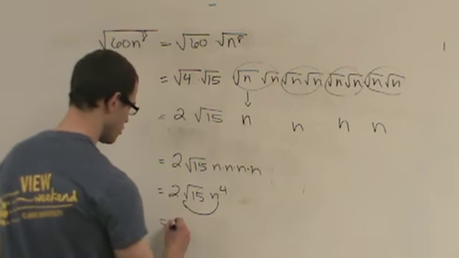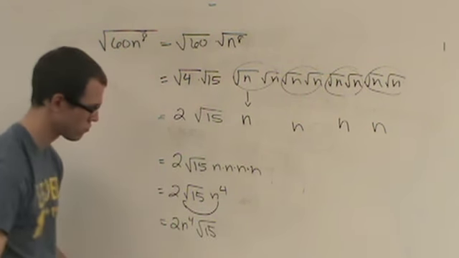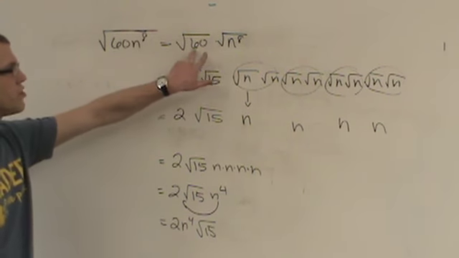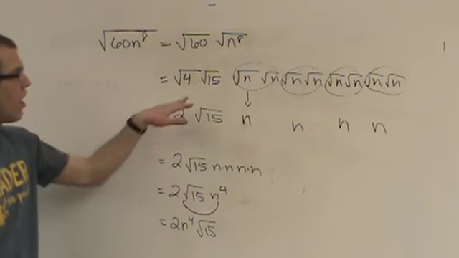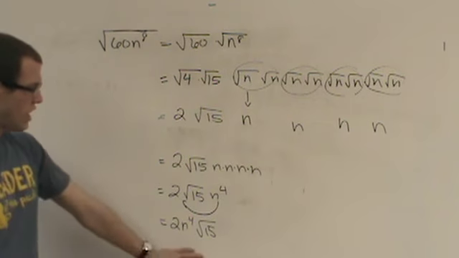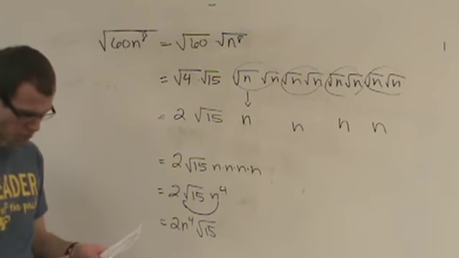So we're just going to do that. So it's 2 n to the 4th square root of 15. Okay? So we broke it up into the number and the variable underneath the radical, and we simply split everything else up. And then we found our pairs, and then worked our way down, finally rearranging so it looked nice.